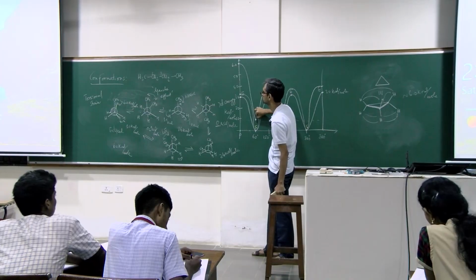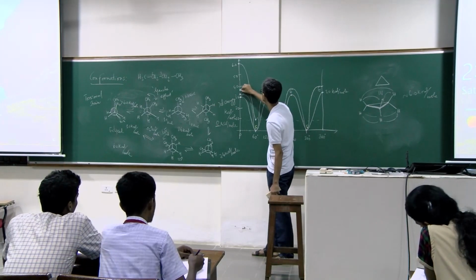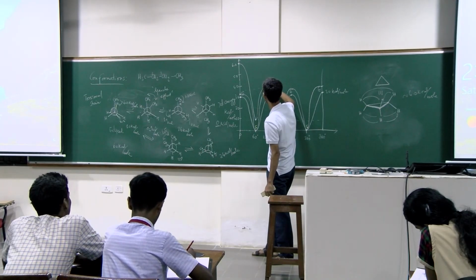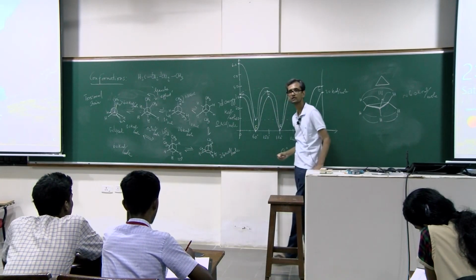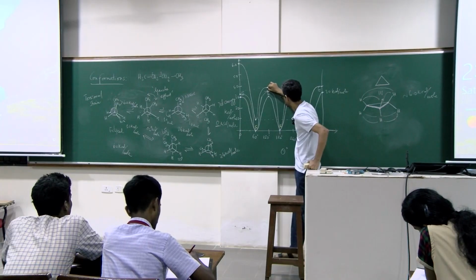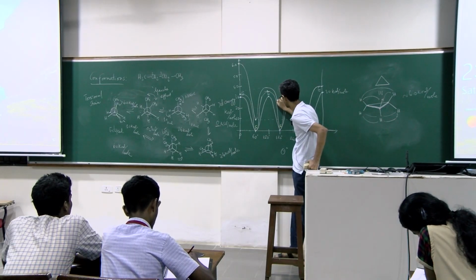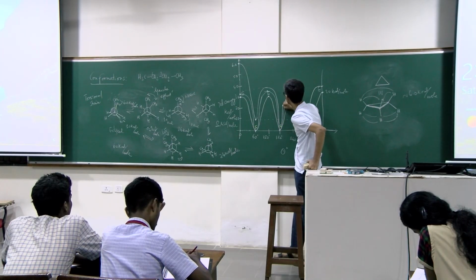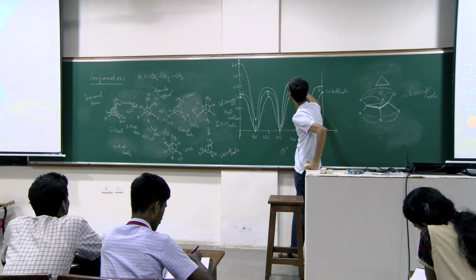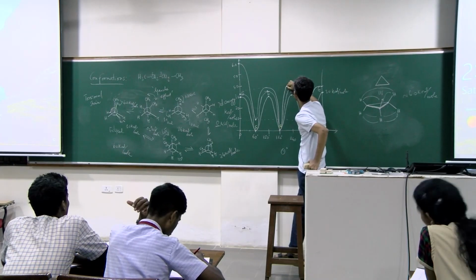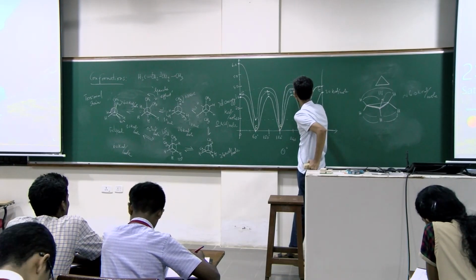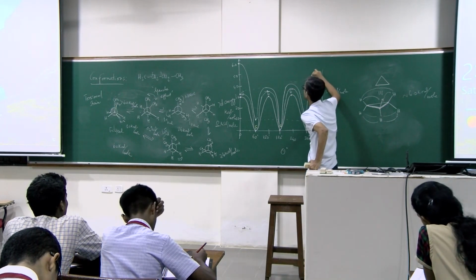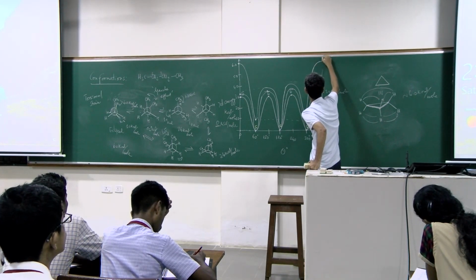And then it goes to 3.6. Right? And then comes back to 0. And then goes to 3.6. Comes to 0.9 again. Goes to again 6.